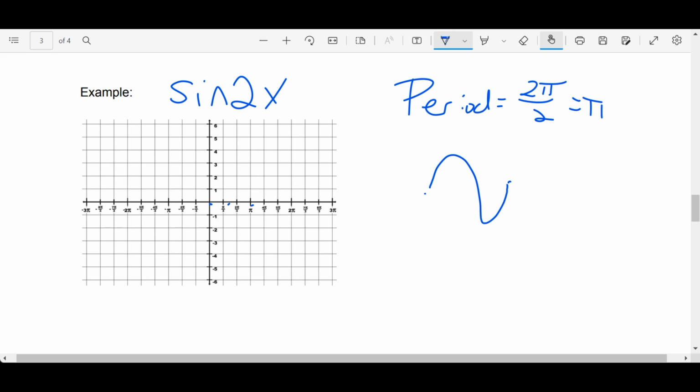Divide pi over 2 by 2, you get pi over 4, so it's going to be approximately right there. And then 3 pi over 2 divided by 2 is going to be 3 pi over 4, approximately right here. So it looks something like that. And then the next period will be another pi later, and halfway will be another 0. Same story as before.